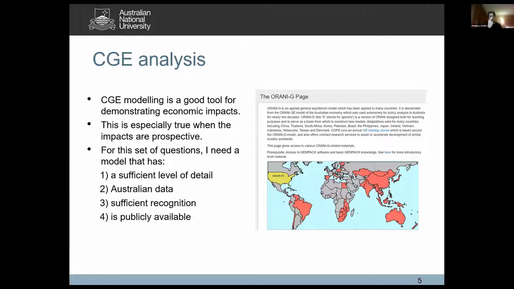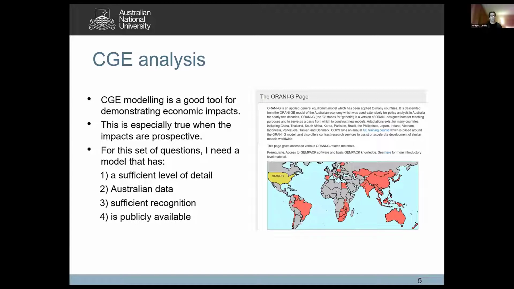And I'd split coal into metallurgical and thermal, so you could show those different impacts. I've since moved away from that, and I've actually been using a version of ORANI-G, which is a standard model that's out there, based on the original ORANI model developed by Peter Dixon and others at the IMPACT Project in the 70s.